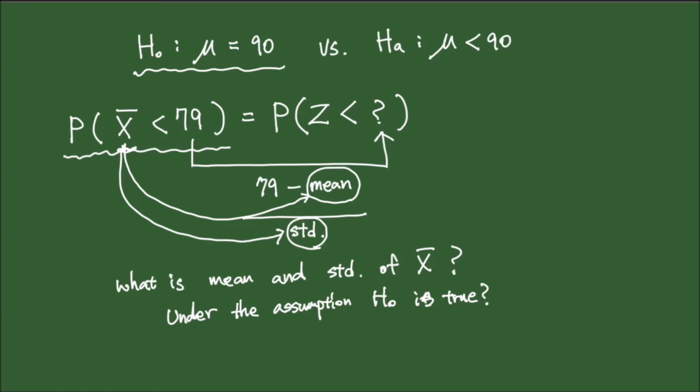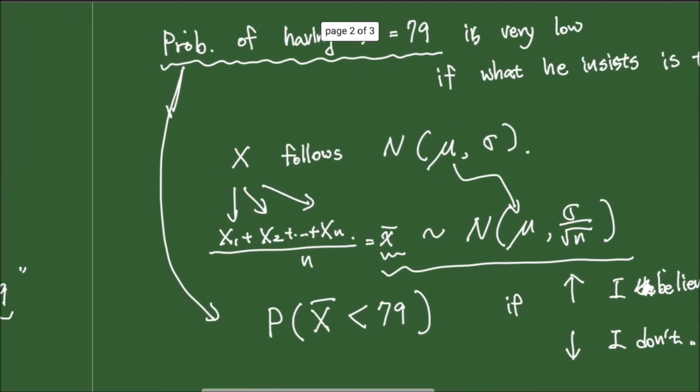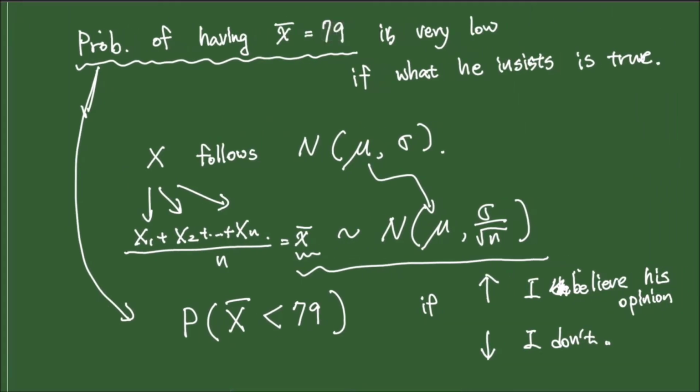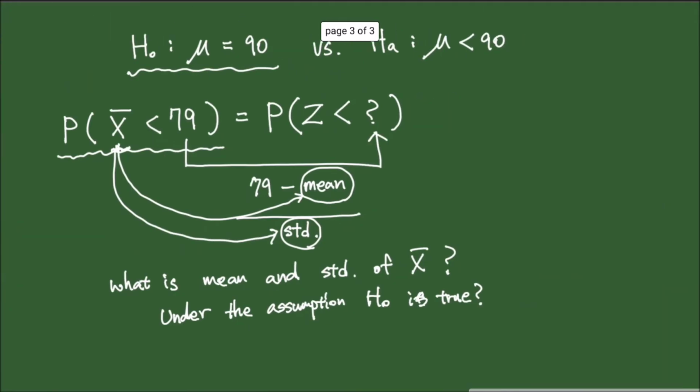So we talked about the sampling distribution here. If the random variable follows the normal distribution with mu and sigma, our sampling distribution follows the normal with mu and sigma over square root of n, right? And we assume that H null is true, and what H null says to us is that mu is 90, right?